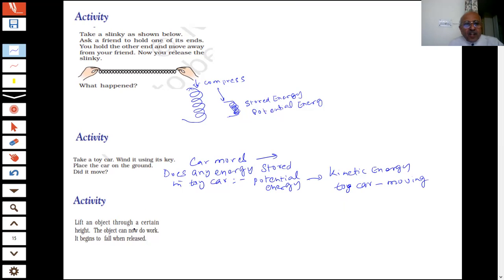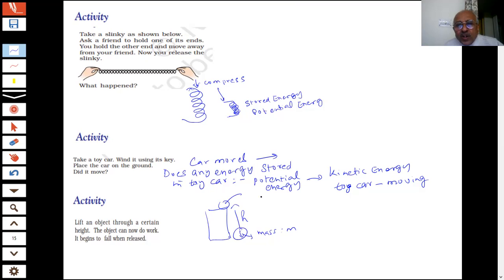Here we are saying lift an object through a certain height. As I said, here is an object of mass m. You lift it to a height h. Now you have done work and it has got energy stored in it.